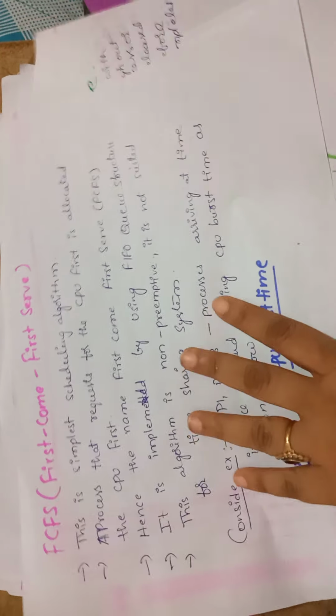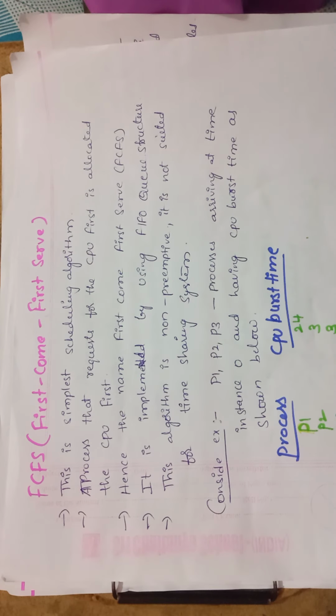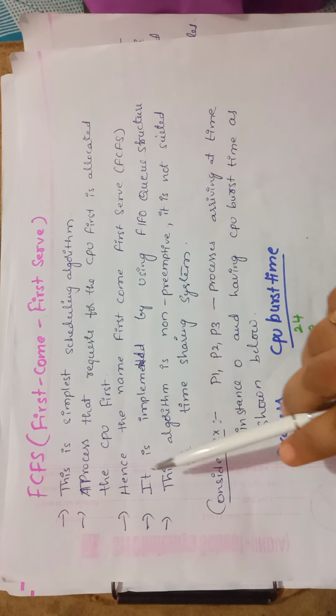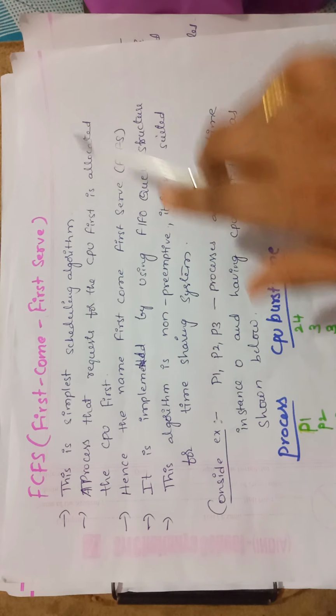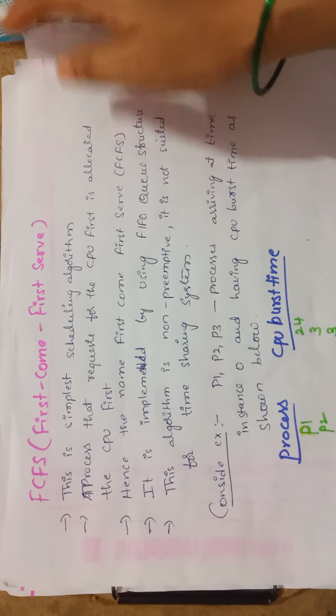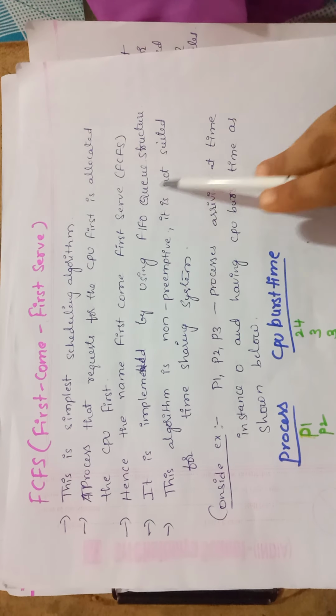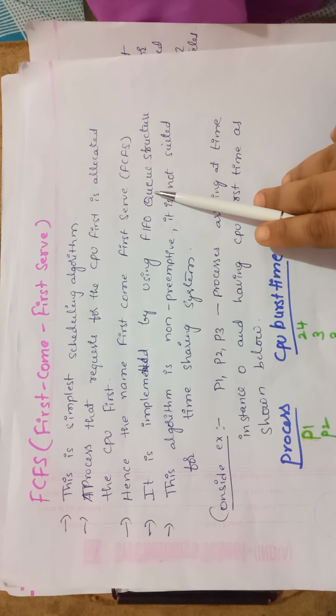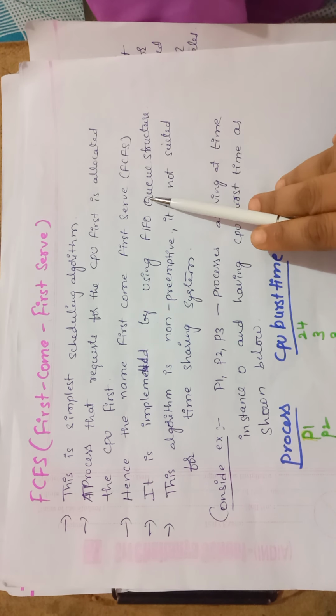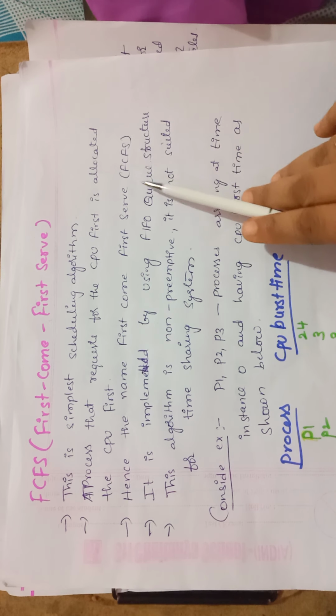The name also came like that only. And it is implemented using the FIFO queue structure. FIFO means first in first out. All the processes are in a queue, and the process that is first in the queue is going to be executed first.